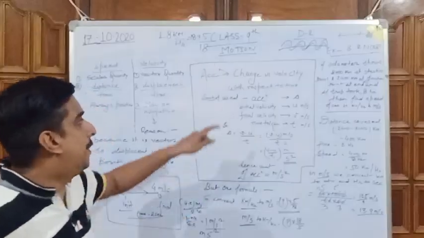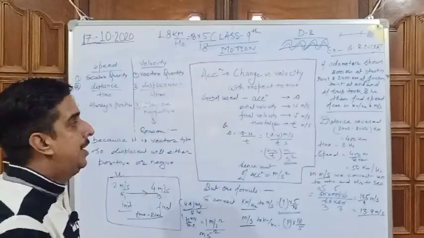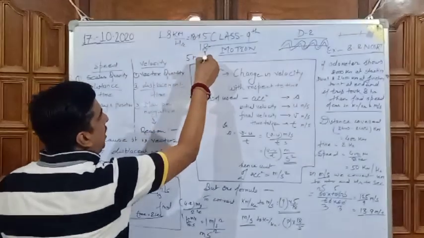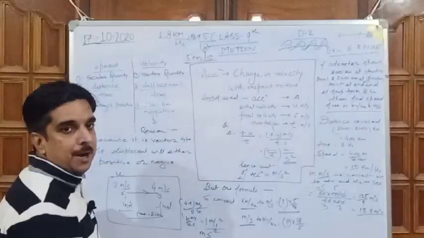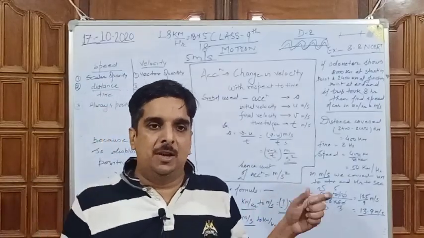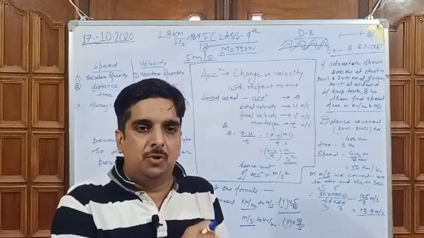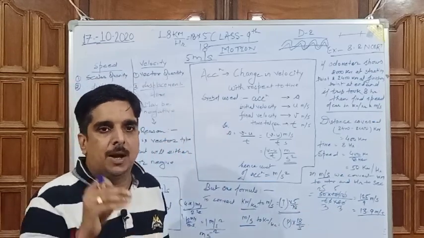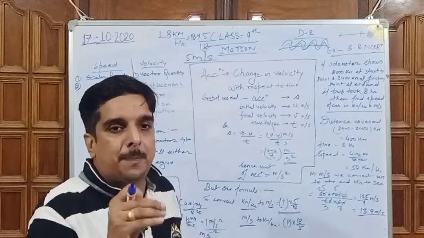The 18 will cut. 18 kilometer per hour is equal to 5 meter per second. Whatever the magnitude is in kilometer per hour, we take the magnitude and multiply it by 5 by 18. Whatever value comes, that will count as meter per second.